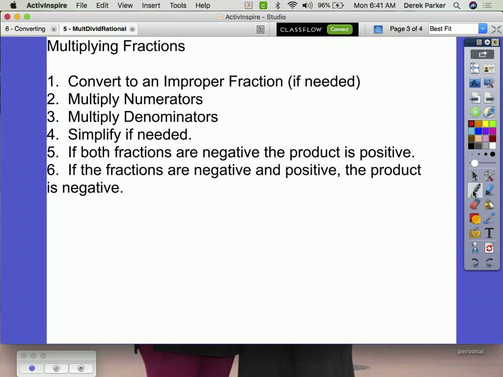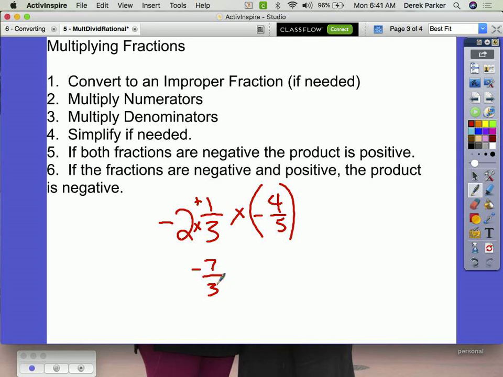So let's say I have negative 2 1/3 times negative 4/5. Okay, so my first step is to convert 2 1/3 to an improper fraction. So I multiply the denominator to the whole number and add it to the numerator, and I have negative 7/3 times negative 4/5.